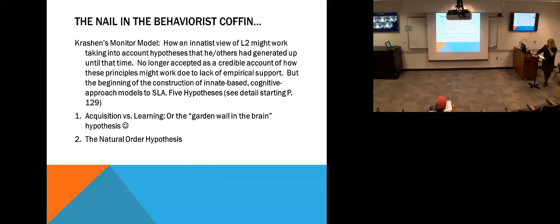The second hypothesis that he chooses is the natural order hypothesis. Now that's not his, right? Whose is that? Dulay and Burt. Yes, Dulay and Burt, that's absolutely right. But what he says is, ooh, look at this, this shows that it's true, that there is an innate set of principles that children and adults in a second language use.